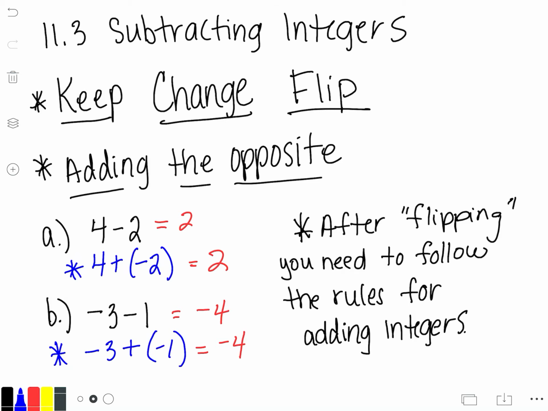Let me give you a few more examples. So I'm going to clear my page. Make this example C. And how about we have 3 minus 8? Okay, so I'm going to follow the rules. Keep, change to addition, and flip the sign. So this becomes 3 plus a negative 8. Both of these expressions are the same, but the second one helps us because now we can follow the rules for adding integers.